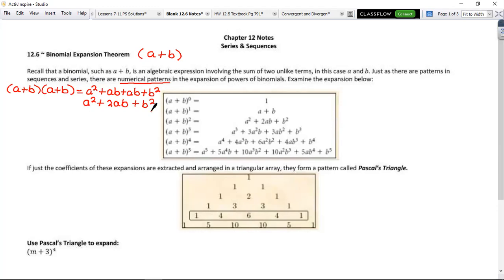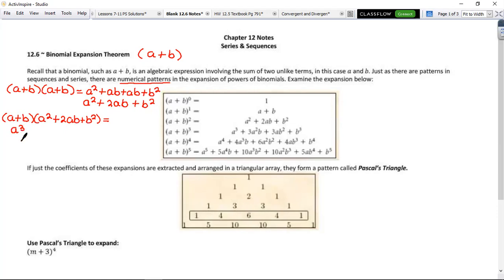Again, you've done that before. So if you have to take that answer and cube, so 4th line down, I would then take a plus b and distribute it through my resulting answer, which was a squared plus 2ab plus b squared. And again, this is just the background to show you where this comes from. So I would distribute this. A times a squared is a cubed.